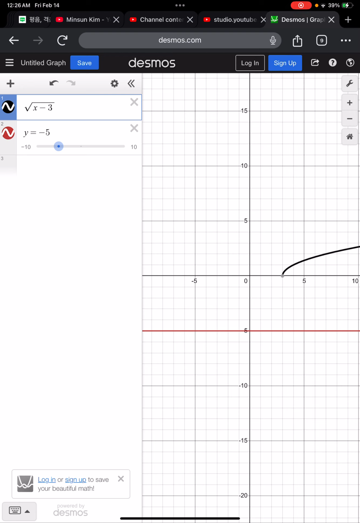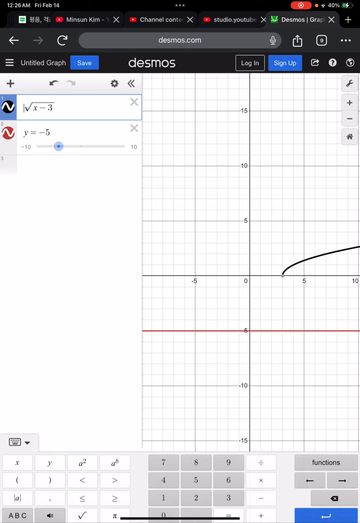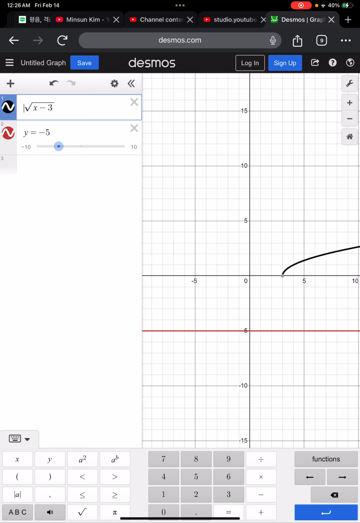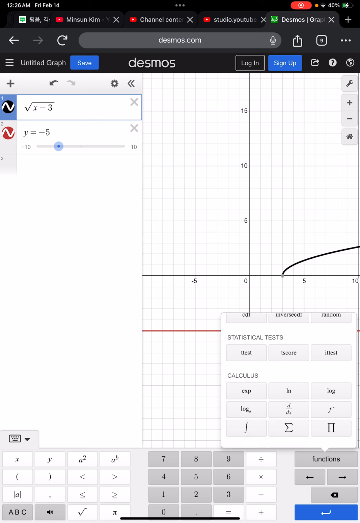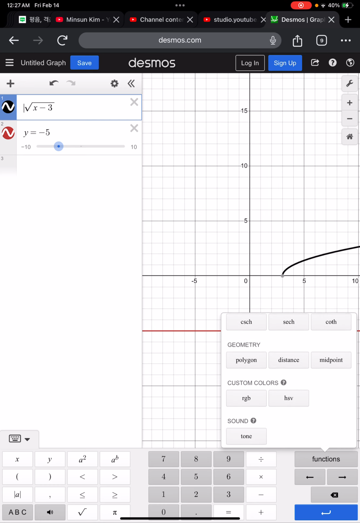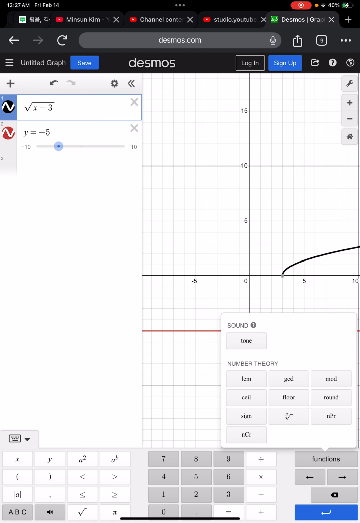And also remember, when you have a square root, your range starts from 0. So it's never going to go down. It's never going to be below the x-axis. That's the other reason. Whenever you see a square root, you can apply this to any radical function with even indices.